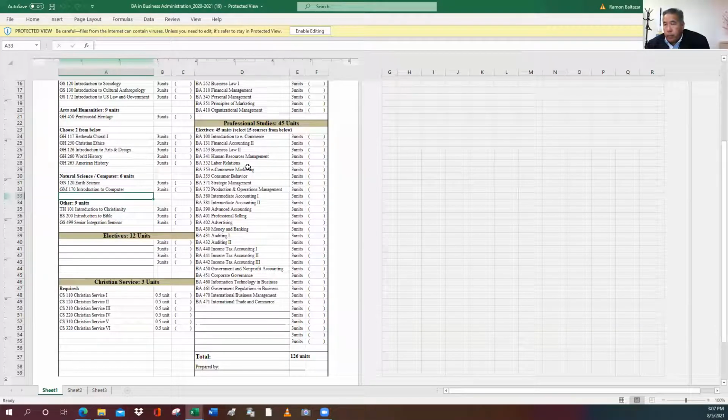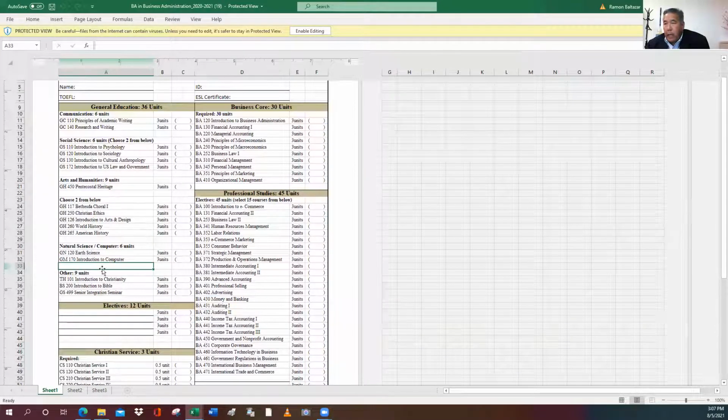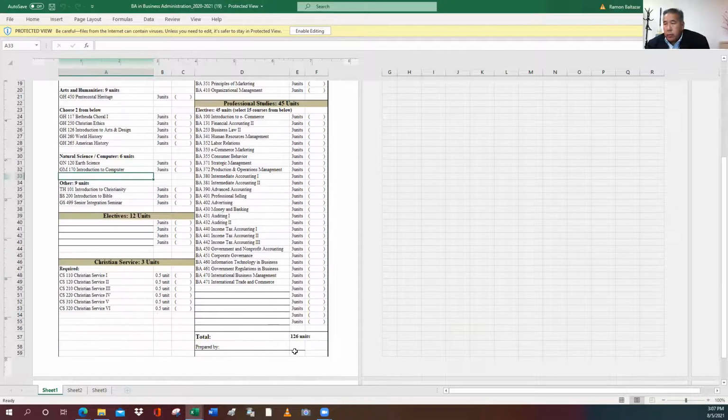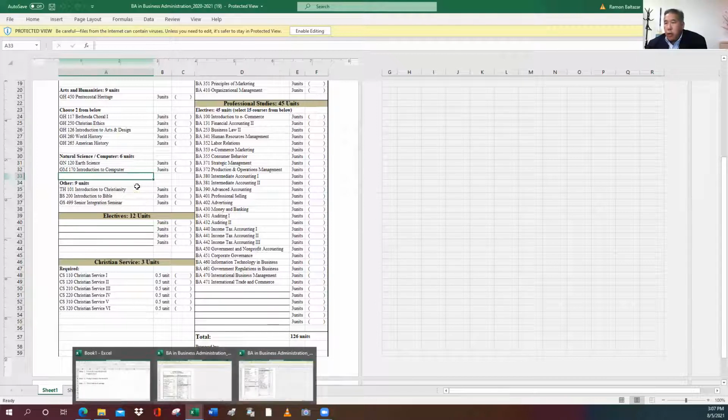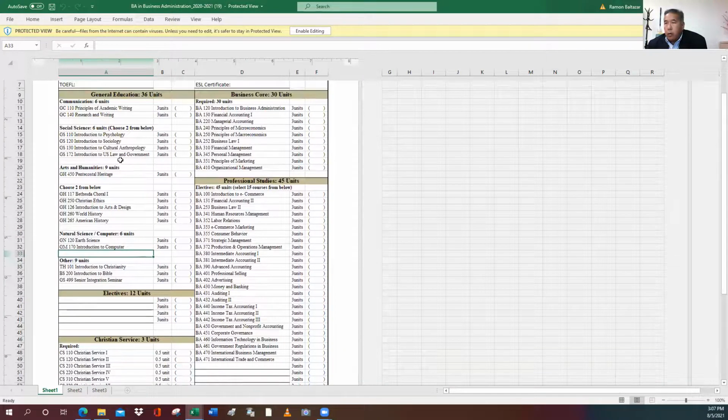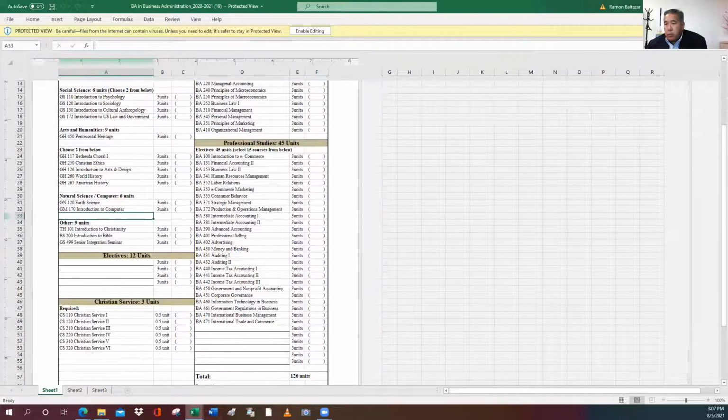Okay? Now, add all of that together is 126 units. Okay? Now, the strategy is to try and work through many of this in 4 semesters.